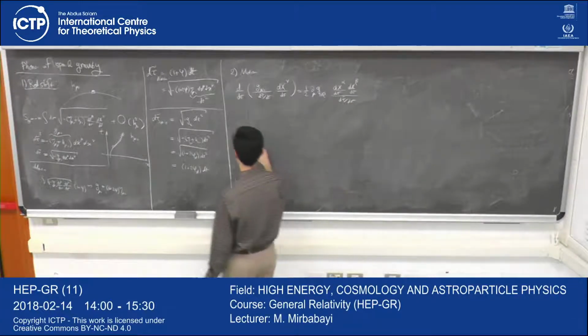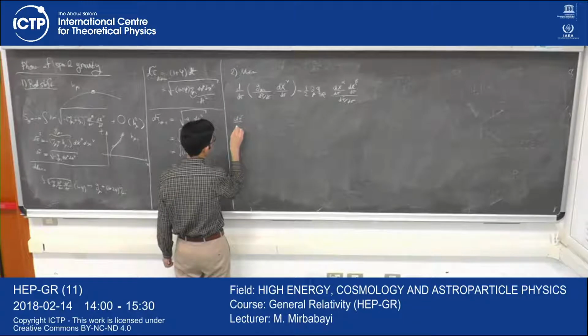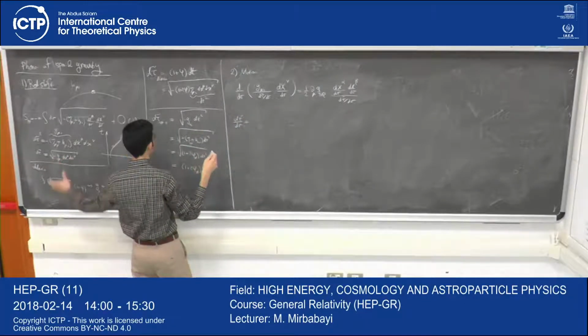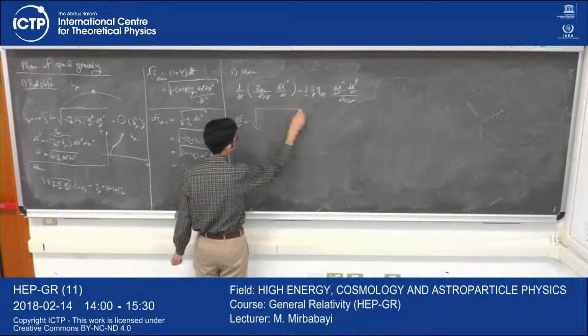Where is the tau tilde? The sigma is basically given by this expression. It's this usual square root that we always get.